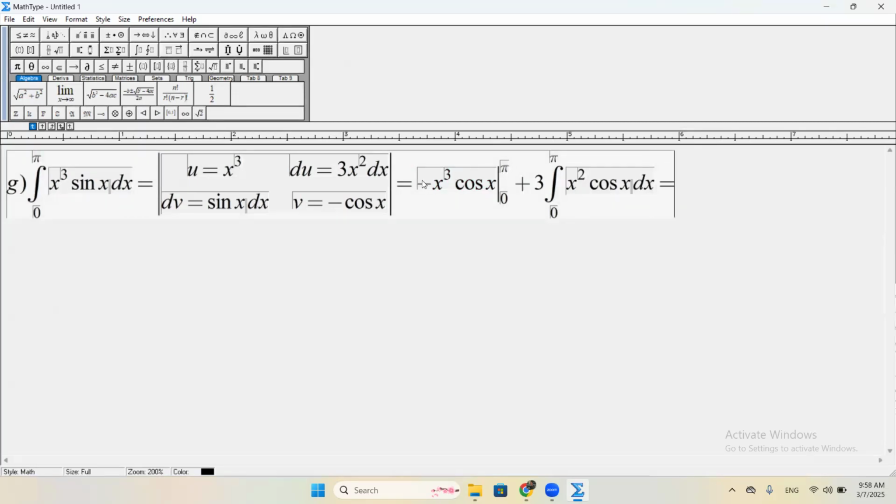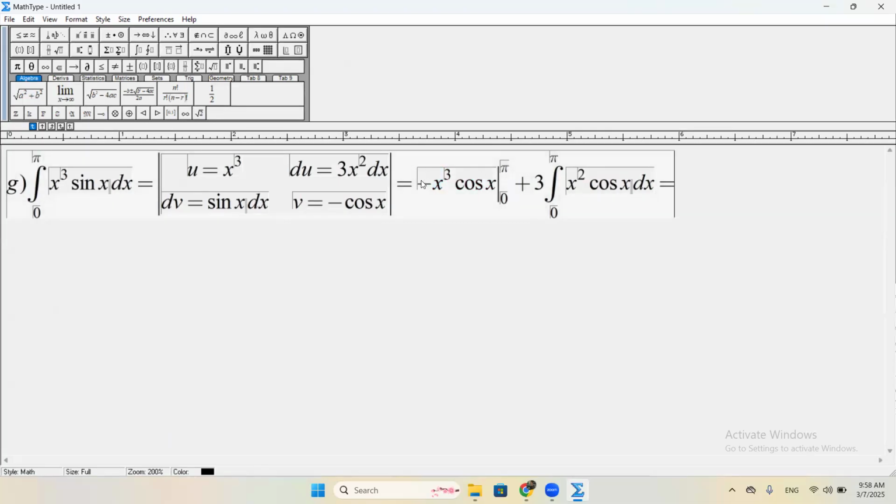Now let's first of all calculate this expression, and then we will move to the calculation of this integral. When x equals pi, pi cubed by cosine of pi by minus 1, so pi cubed, and minus 0, because this cosine will be multiplied by 0.